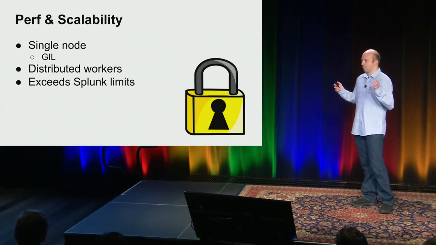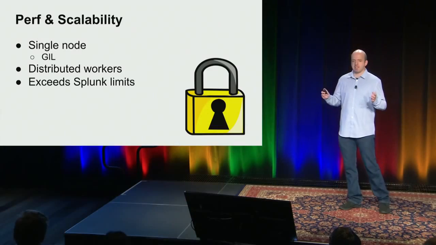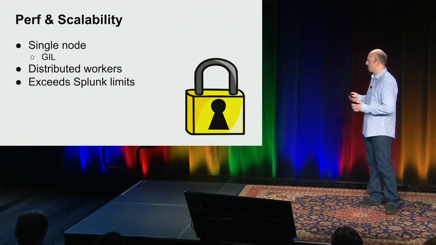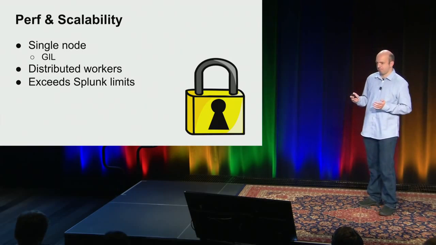With single process, multiple threads, we are bound by the speed of light in Python, the global interpreter lock. We get around that with distributed workers and a message bus, pretty standard stuff. And honestly, the scalability of our event generator hasn't been that much of an issue, as it exceeds Splunk's limits.